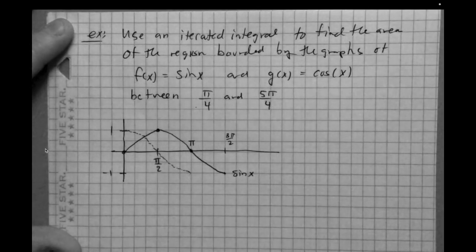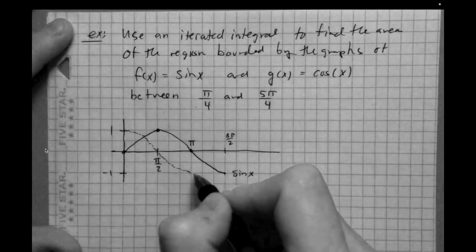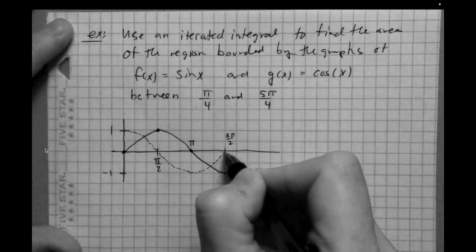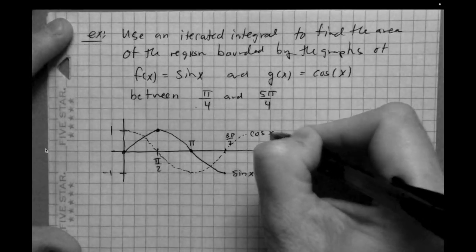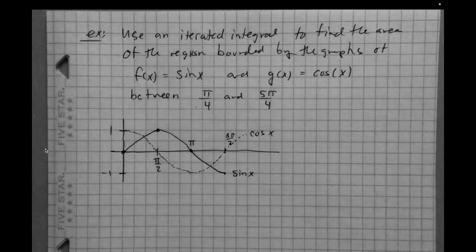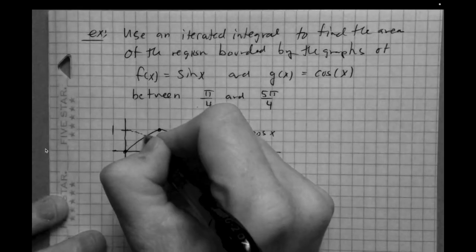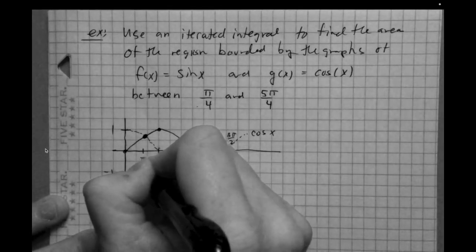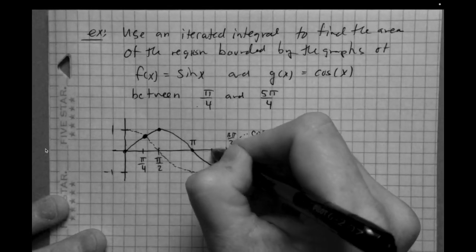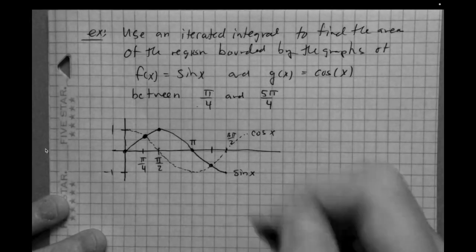So it comes down like that, and then it heads back up like this. And that's the cosine of x. Now what we're interested in is the region between these two. It just so happens that these two intersect at pi over 4 and over here at 5 pi over 4.